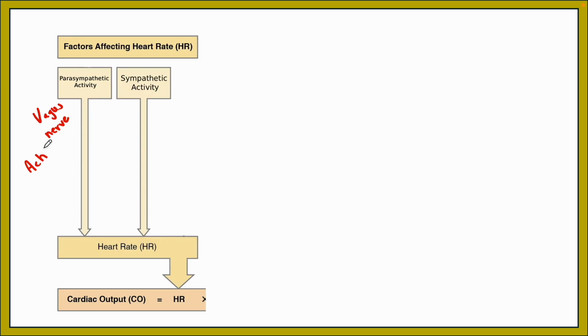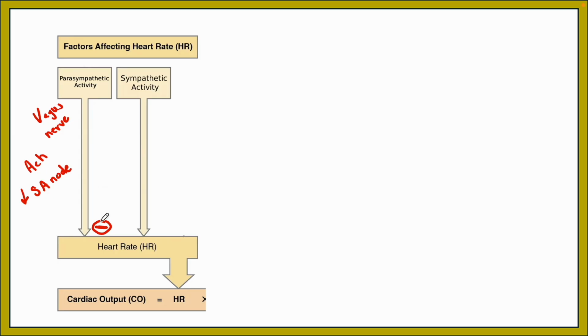This has the effect of slowing depolarization of the SA node. So this is going to be what predominates at rest, keeping heart rate at around 60 to 80 beats per minute instead of the slightly faster intrinsic rate of the SA node. So you can think of this as the brakes. So this is going to put a brake on the heart rate.